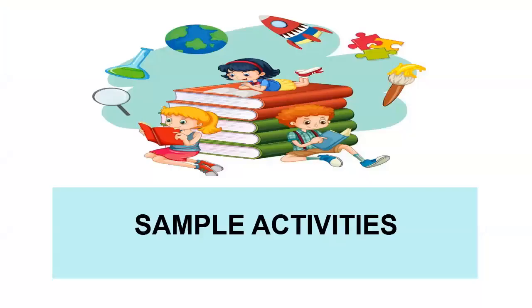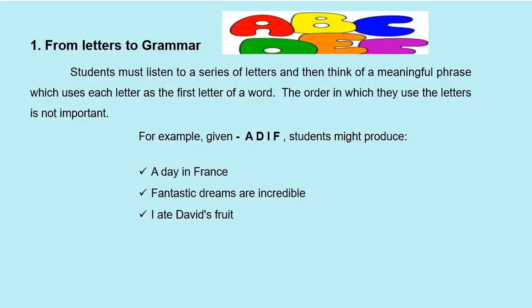Okay, so let's move on to the sample activities of the approach. We have from letters to grammar. Students will listen to a series of letters and then think of a meaningful phrase which uses each letter as the first letter of a word.